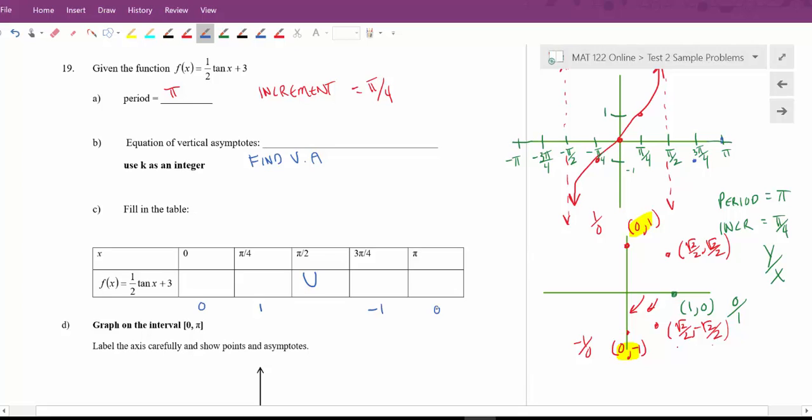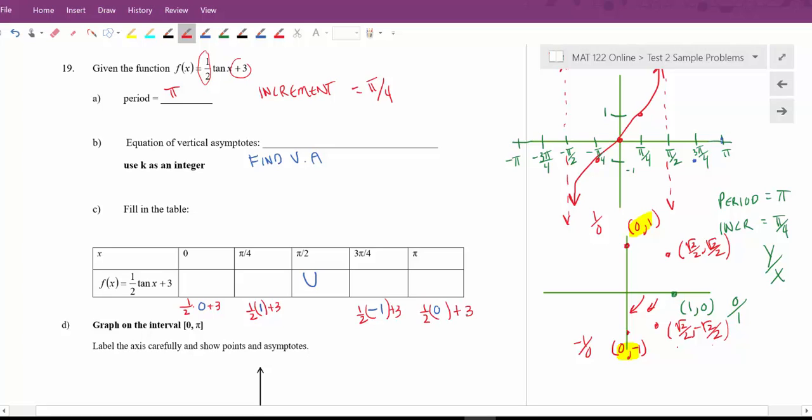Now, all we're doing on this problem is translating this graph, so we're doing two things. We're going to multiply these y values by a half, then add 3 to each. A half times the y value plus 3, and so forth, and then we'll have everything transformed.